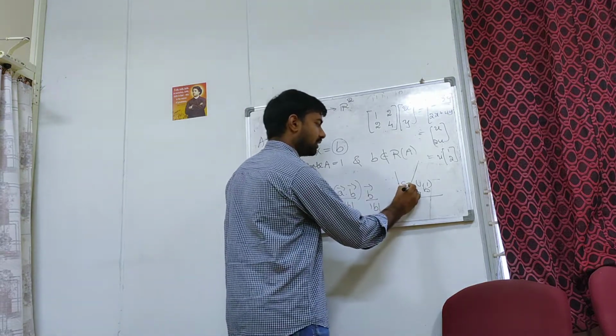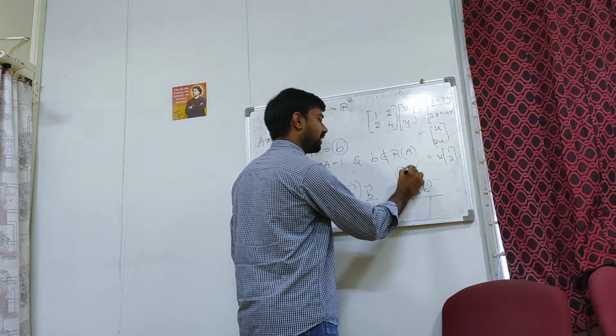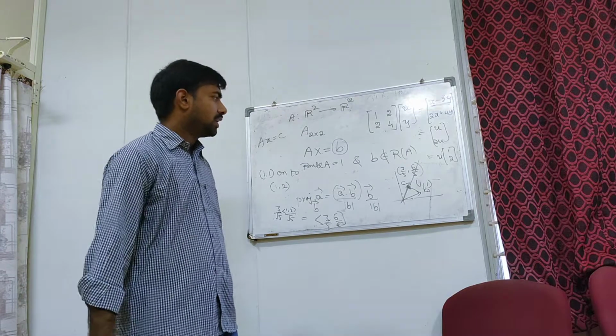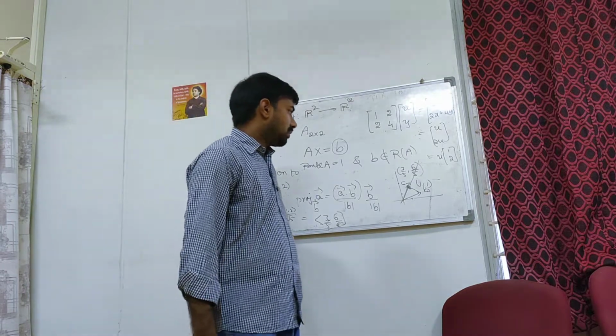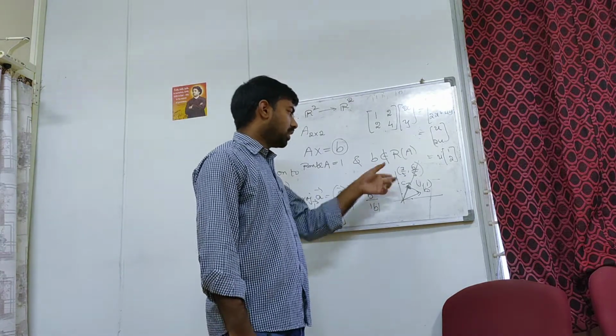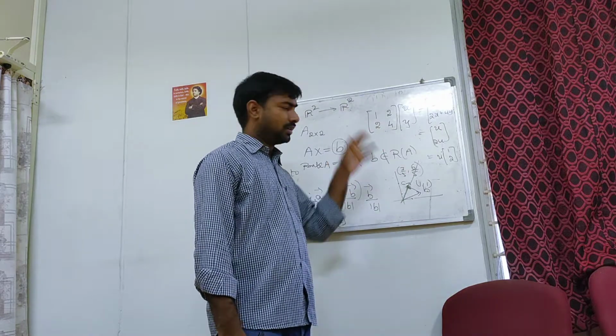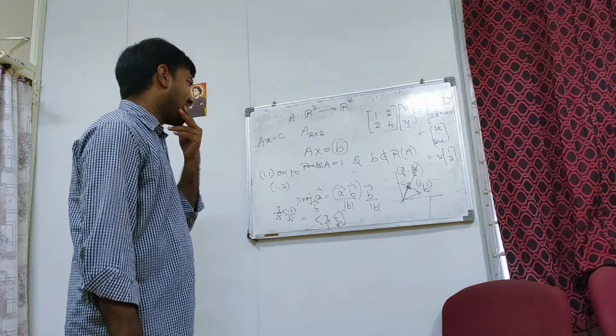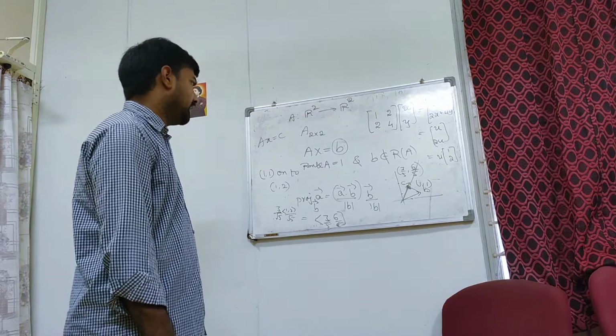So now this vector is nothing but (3/5, 6/5). Okay, so this is the projection of (1, 1) onto the vector (1, 2), right?